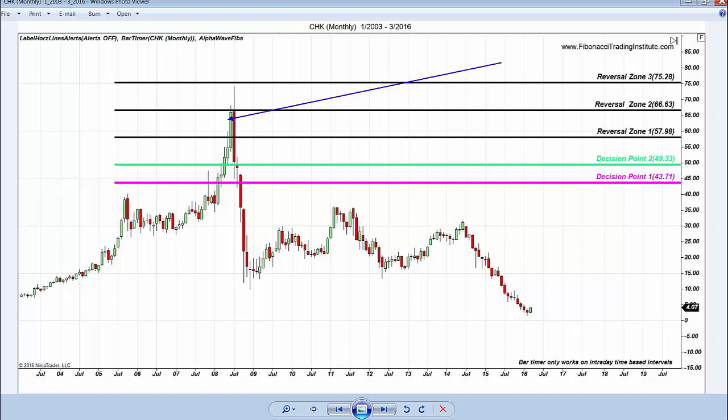This stock, Chesapeake Energy, one of the leading energy stocks in the US at that time, was collapsing. The stock had stunning fundamentals and stunning earnings. These are the levels that show you with extremely high accuracy when a stock will reverse completely, no matter what the earnings or fundamentals are.